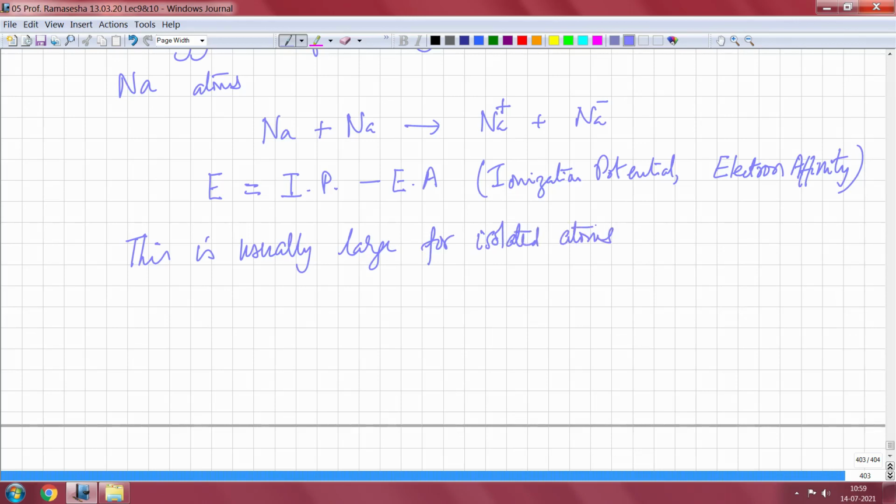That is why even if you have two sodium atoms in proximity, they will still be neutral and very little of sodium plus and sodium minus will be formed.